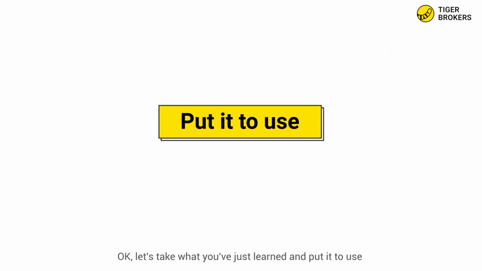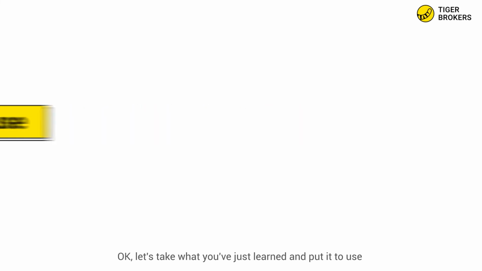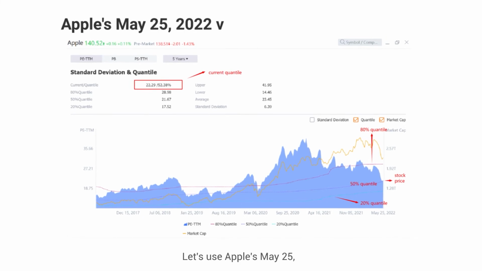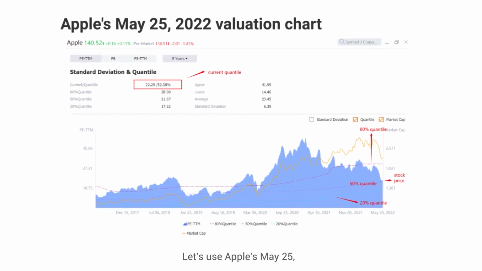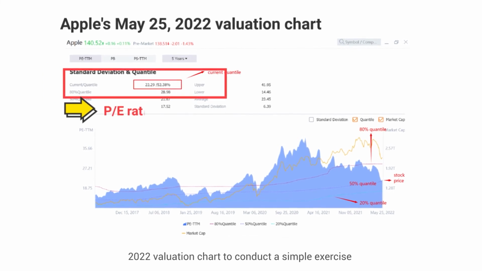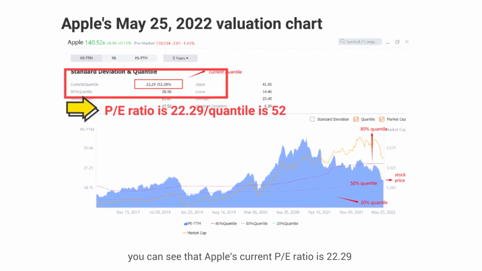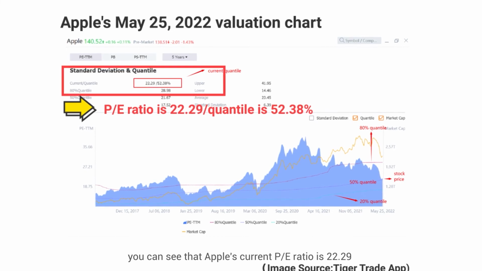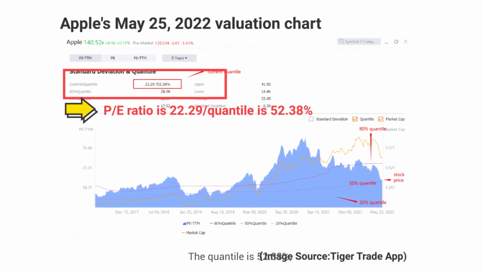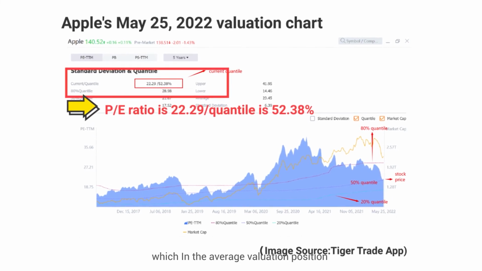Okay, let's take what you've just learned and put it to use. I believe you know how to read the valuation analysis chart. Let's use Apple's May 25, 2022 valuation chart to conduct a simple exercise. On the chart, you can see that Apple's current PE ratio is 22.29. The quantile is 52.38%, which is in the average valuation position.